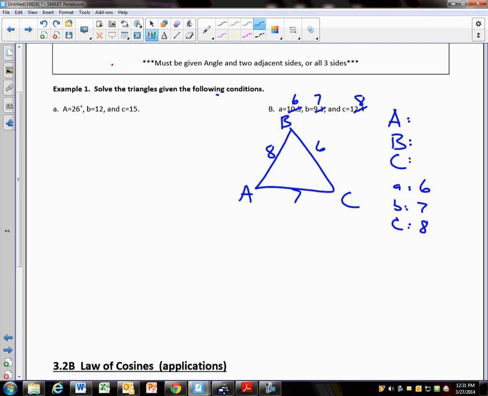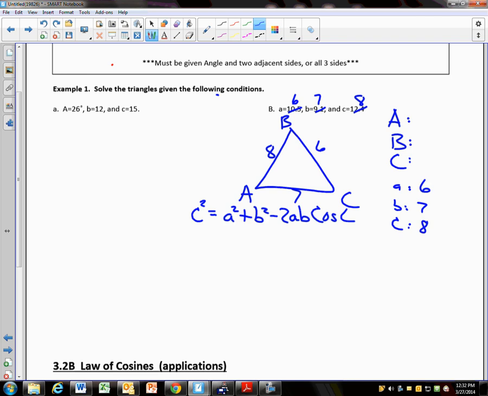So I'm going to use c squared equals a squared plus b squared minus 2ab cosine of C. I know sides A, B, and C. What I don't know is cosine of C, or angle C. I will use that to solve for angle C. So I just plug in the numbers.